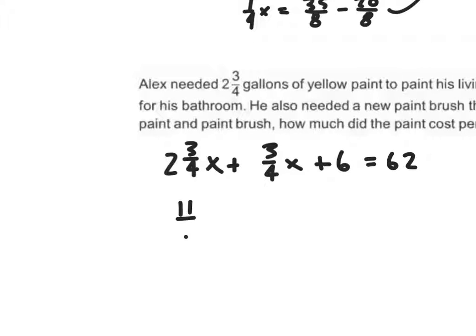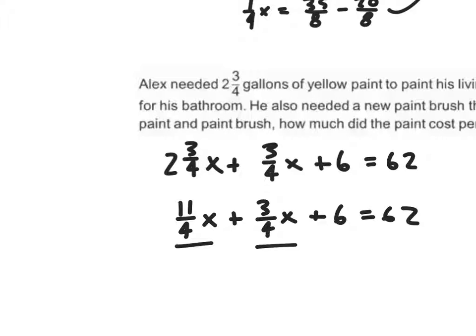So I've got 11/4 x plus 3/4 x plus 6 is equal to 62. So 11/4 plus 3/4, I'm just combining my like terms. I'm just going to add 11/4 and 3/4 together to give me a total of 14/4 x plus 6 is equal to 62.